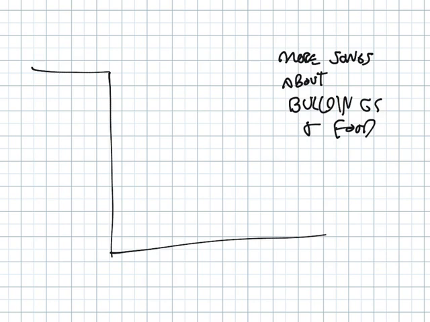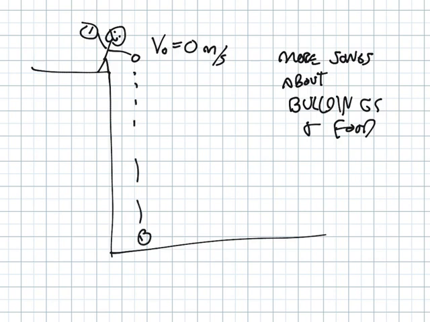So here we have a building. Let's say we don't know how high it is, right? But this time we're going to drop something from rest, right? So V naught is 0 meters per second. But you have a little timer here, tick, tick, tick, and you're measuring time. And so we're going to release it from rest, and it is going to fall and hit the ground, all right?